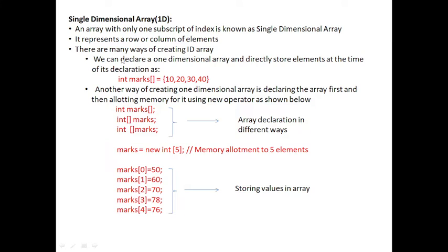So this is one way of creating a 1D array. Here in this single statement we declare the array and also we store the elements while declaration itself. While declaration itself, we assign the elements into the array also. This is one way of creating the array.